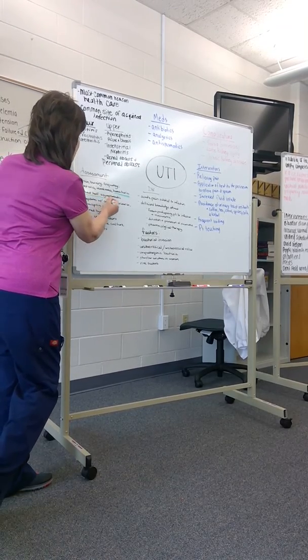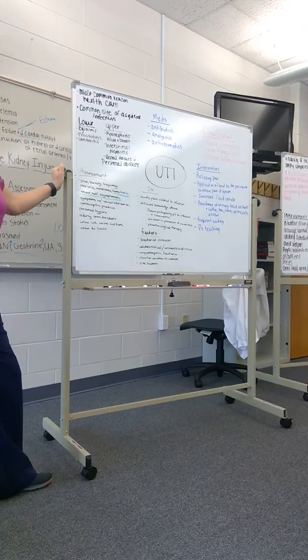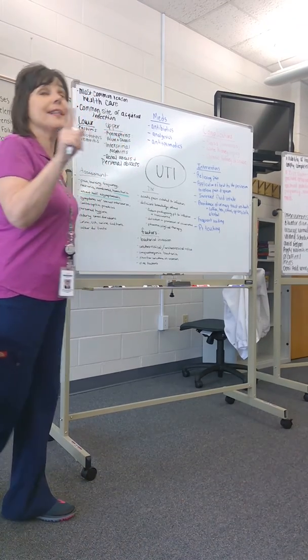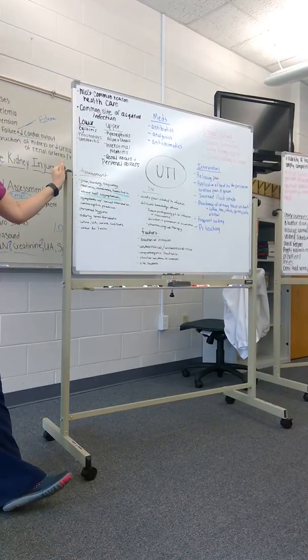Some people are asymptomatic. So what population of people might be asymptomatic? The elderly? Yeah. What other population? Children. So what about diabetic patients? Yeah.